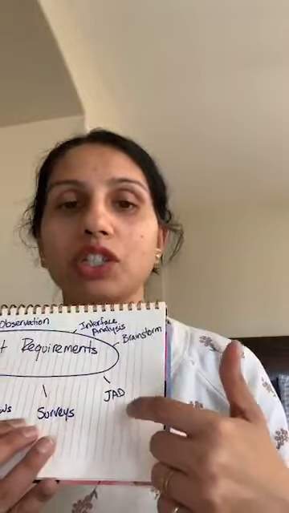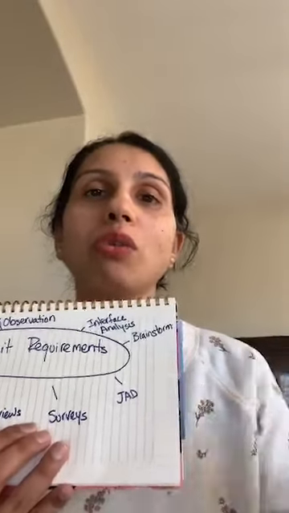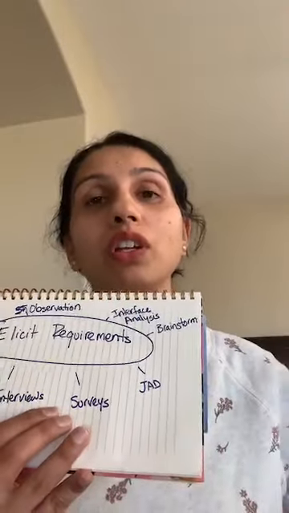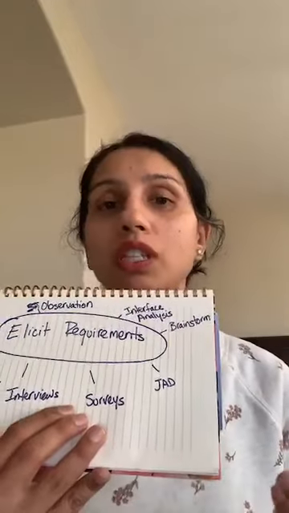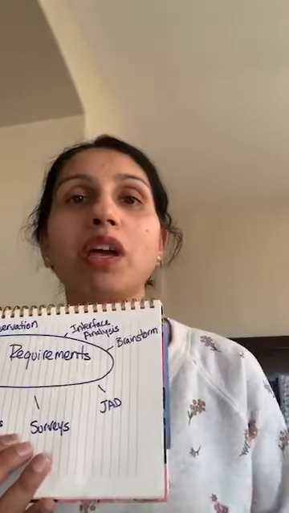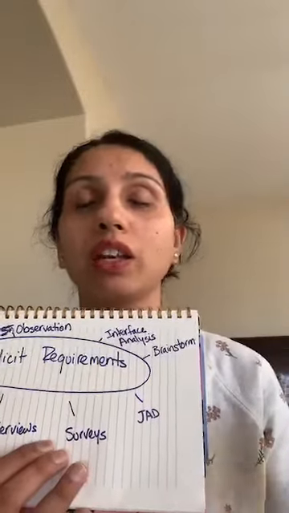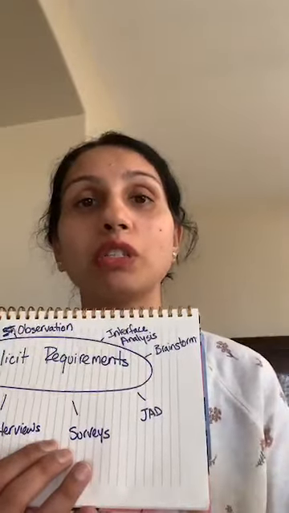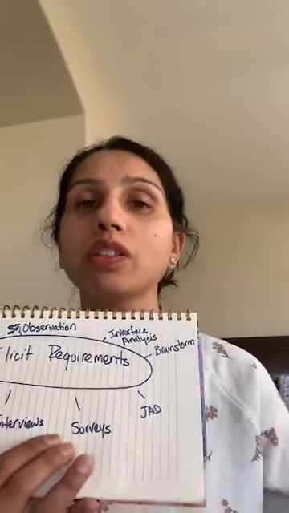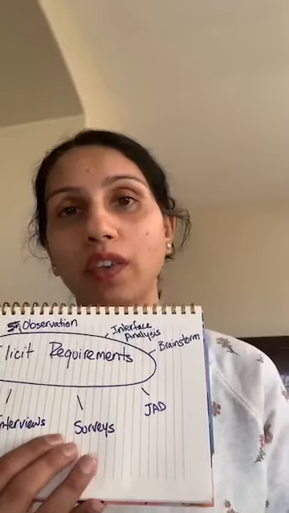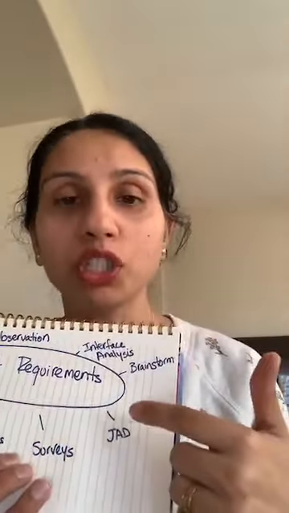Then you have JAD sessions. JAD sessions are typically when you have lots of different team members, different stakeholders that you need to get feedback from, and you need action items or decision points made at that point. So you bring lots of different team members together and you hold a JAD session.